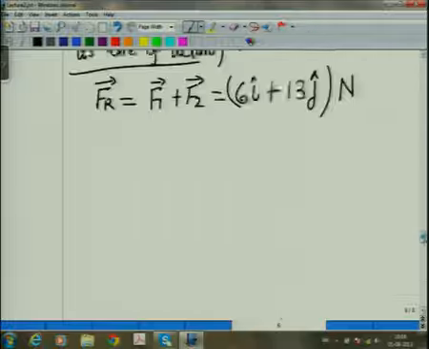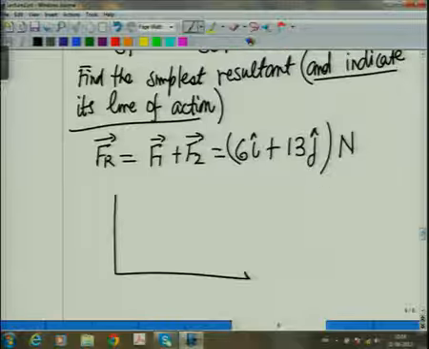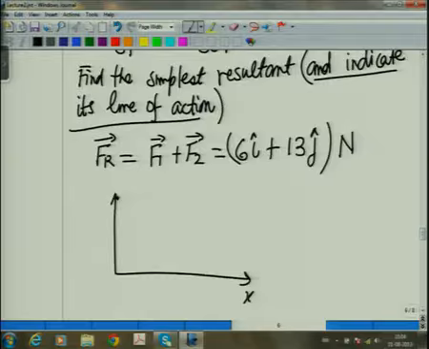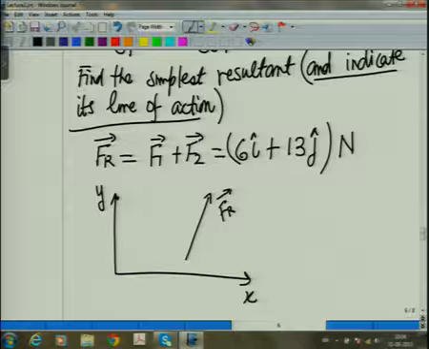draw a simple figure, which you need not do, but if this is our xy plane, we have Fr, 6i plus 13j. It is a vector with both i and j components positive.